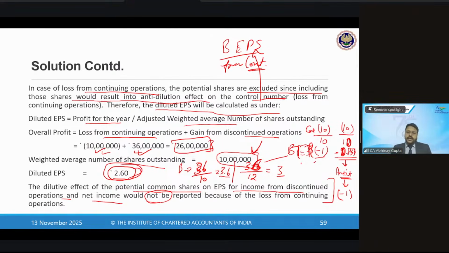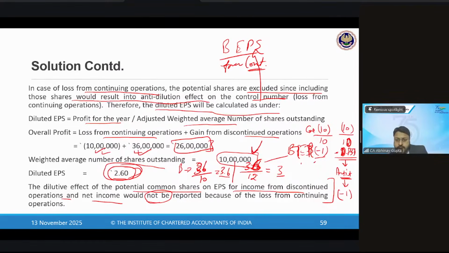Now, is it dilutive or anti-dilutive? Dilutive. Now in this case, because my continuing operations is in loss, and dilution is not happening at the basic earning per share level, I will not consider this 12 lakh or 2 lakh adjustments.